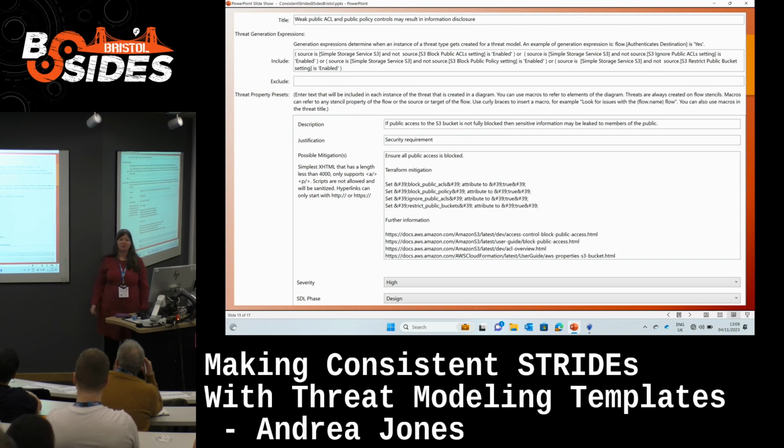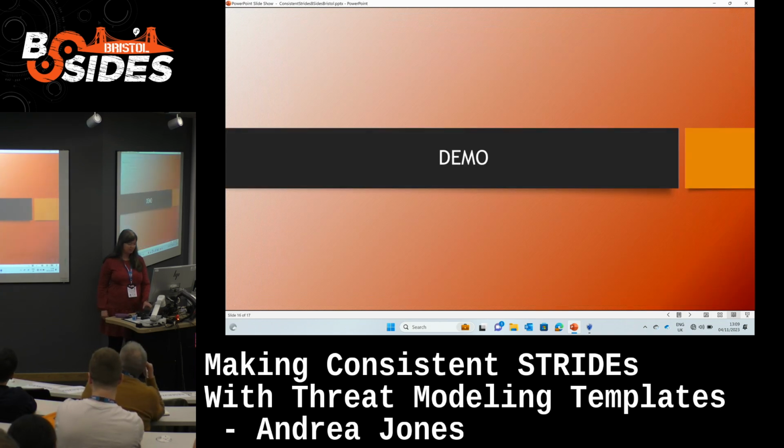It comes out beautifully in the end. But I like to put in some URLs where people can look up further information and get that advice. You can also put a severity. I use the Foundational Security Best Practices ratings to put the severity there. And you can also enter the stage of the SDLC where that should be implemented.